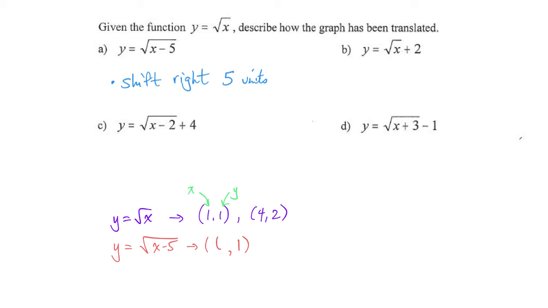Our answer should come in pretty quickly on 6. Do a quick check, sub in 6. The square root of 6 minus 5 is the square root of 1. There's our 1. Okay, in one numerical example, we had enough to see that our x value was increased by 5.